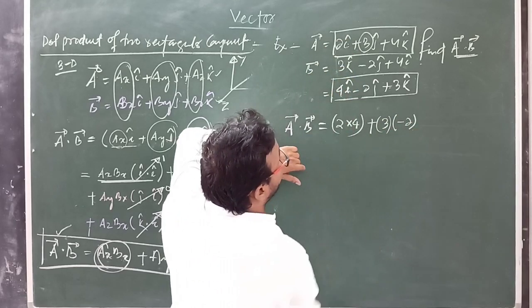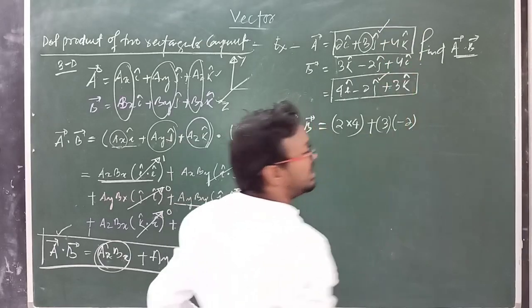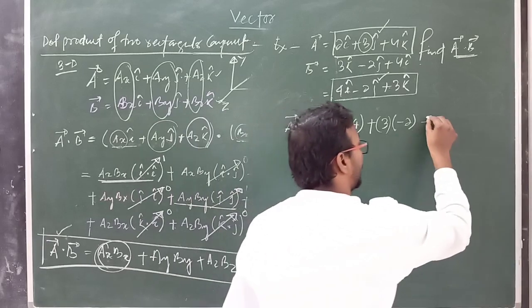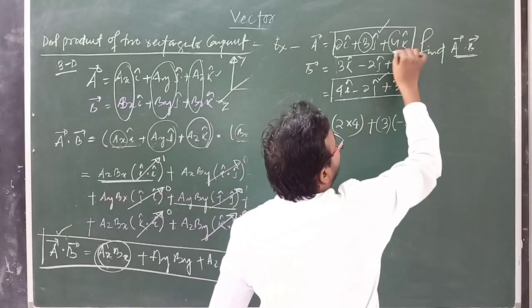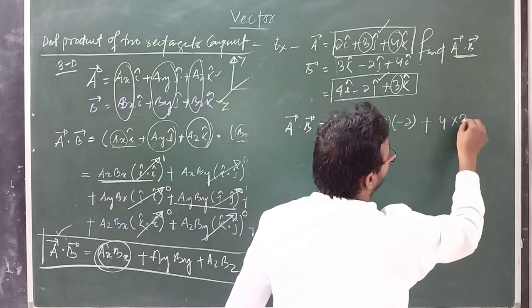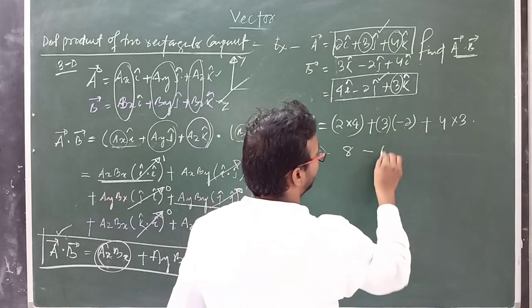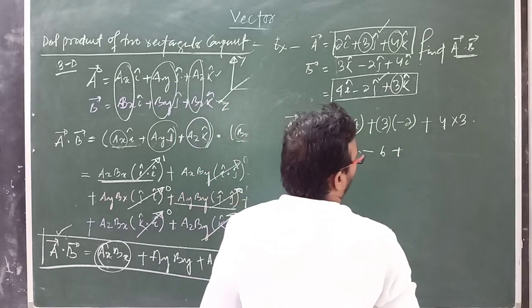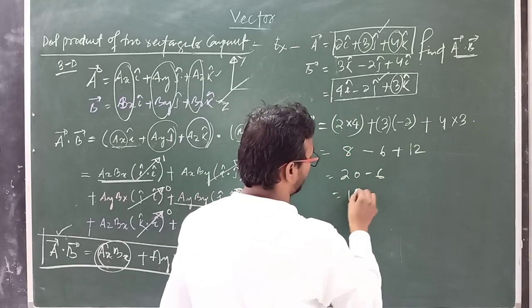But you have to remember the unit vectors should be equal: i with i cap, j cap here and j cap here. Then plus az bz, but positive sign. So 4 into 3. Now solve this relation. So 8 minus 6 plus 12, that is 20 minus 6, which is equal to 14.